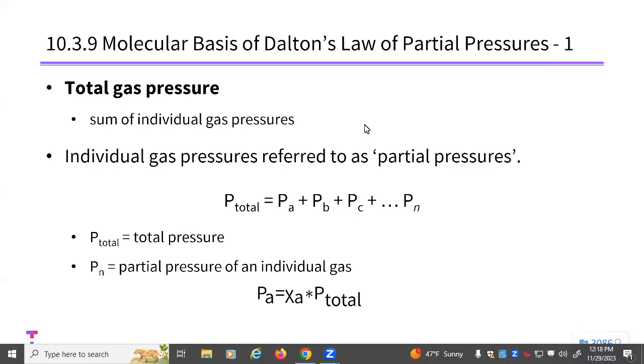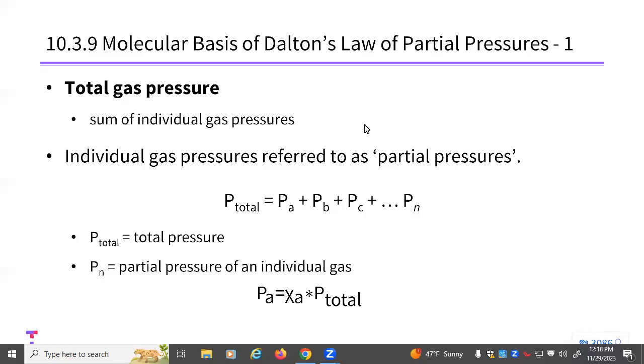Now, you saw a little bit of this in the lab. When you did the molar volume of the gas lab, you collected oxygen gas over water. So the mixture of gases over the water was not only the oxygen created by the chemical reaction, but also water vapor from the water evaporating.